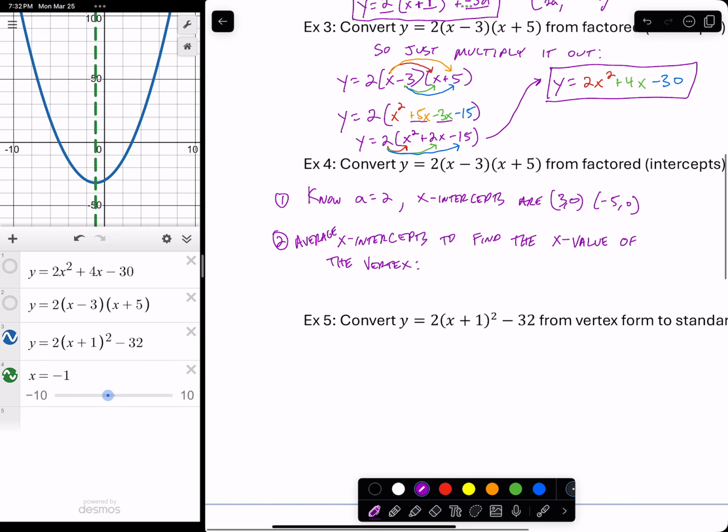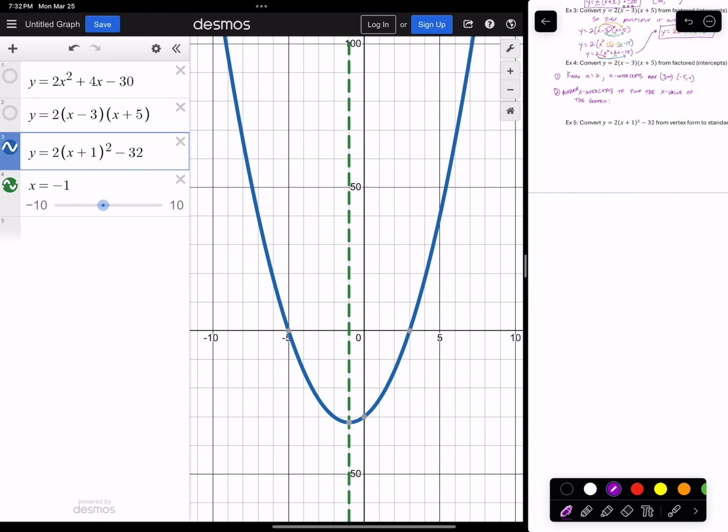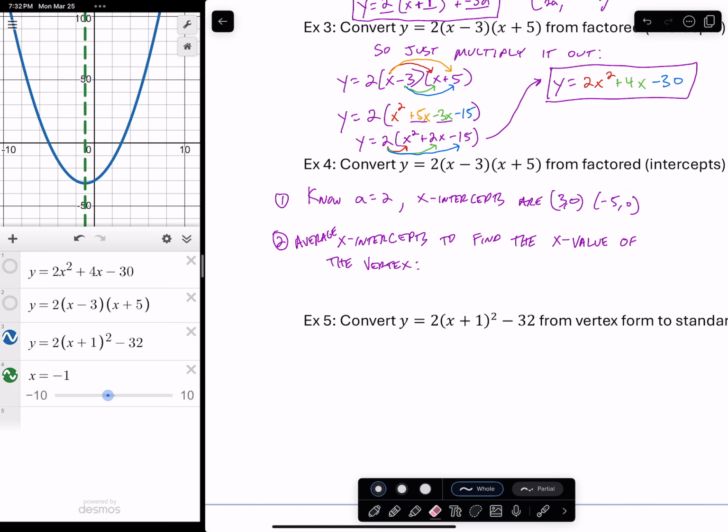Reminder, I know that my x-intercepts are here, and I know that the axis of symmetry runs right down the middle of those, right in between the two x-intercepts. So the x value that the dashed line runs through is also going to run through the vertex. The x value of the vertex is the average of the intercepts, and that will happen on every single quadratic. So we use that to our advantage.